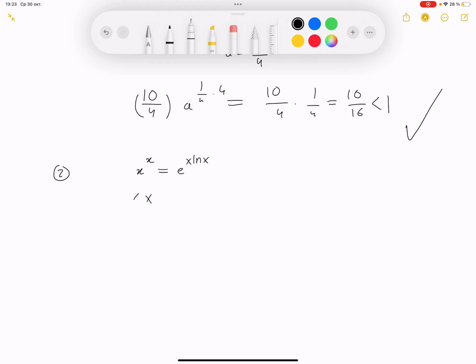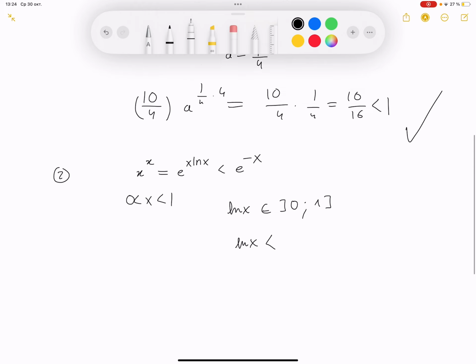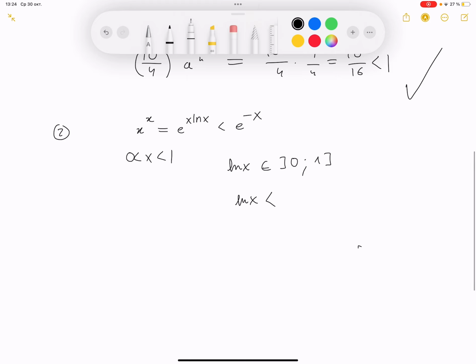And for x between 0 and 1, we'll have that this is less than e to the power of minus x, since ln x on the interval from 0 to 1 with 0 excluded, actually let's include 1, this ln x is smaller than 1 minus x. This is negative basically.